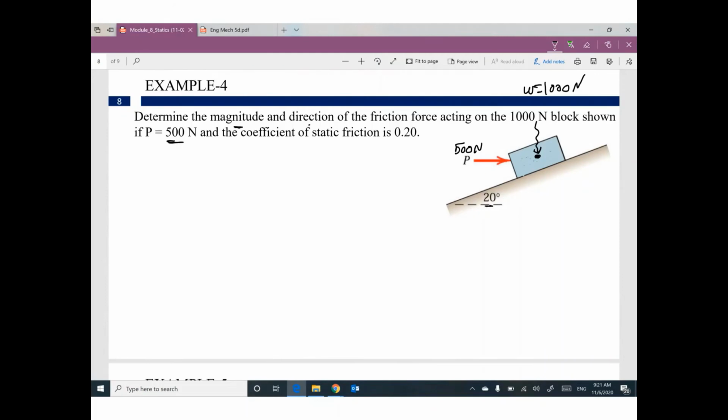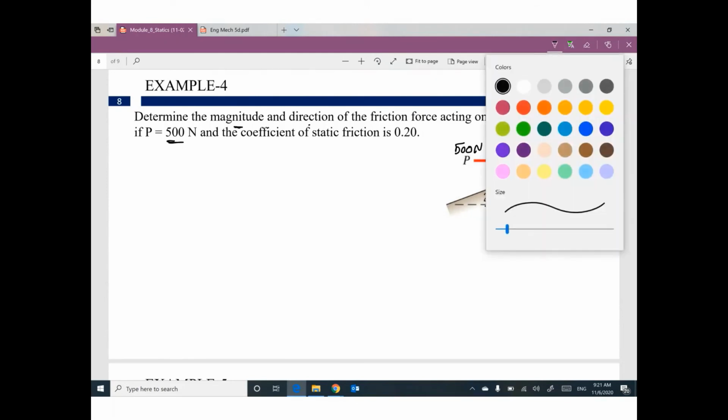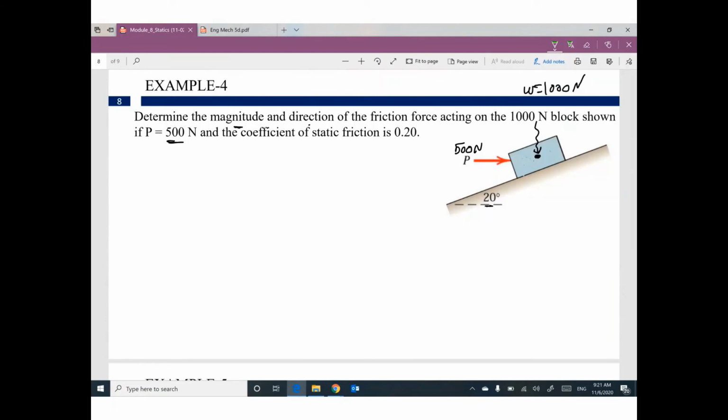Okay, before doing anything, we need to do a first step: resolve or break these forces into two components, one parallel to the direction of the inclined surface and one perpendicular to the inclined surface.